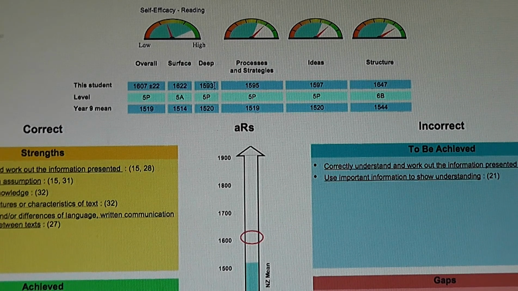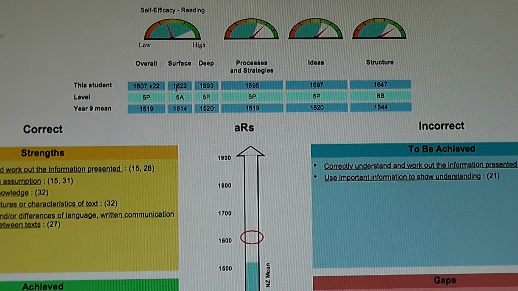So what they're saying here is that this kid is actually quite a good kid. This test would have been the end of their year 9 year, I think. Yeah, I think end of year 9. So they're actually pretty good if they're that quality by then.